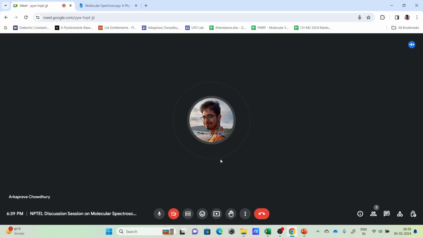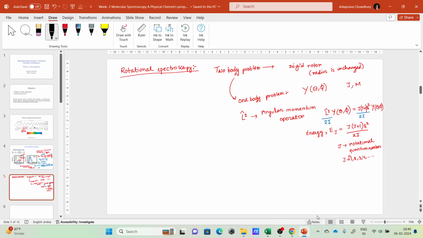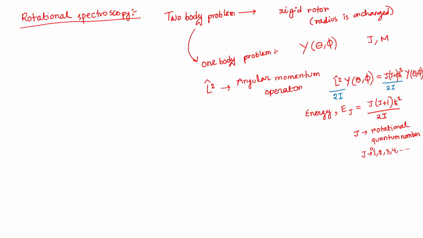Yes, so the rotational quantum number can be 0, 0 to 1 to 3, 4. So I will discuss why it can be 0.